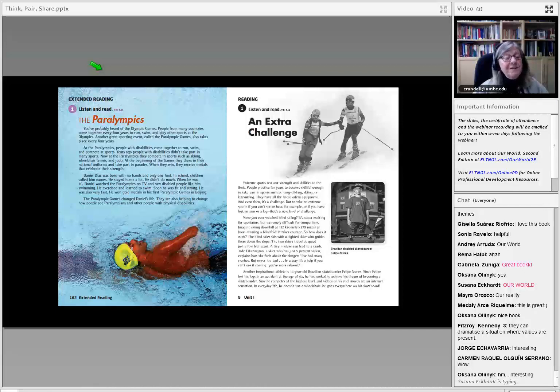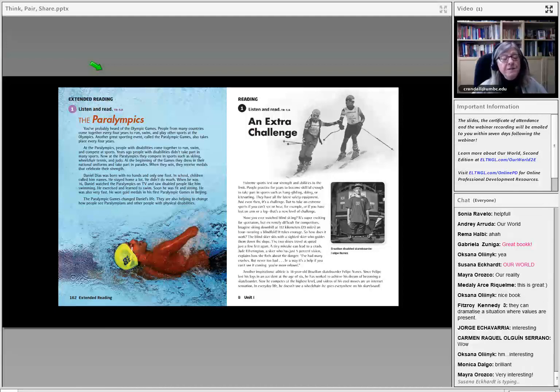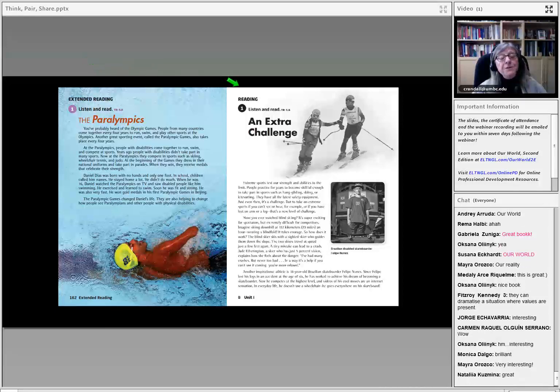And so you'll have a much greater sense. It almost makes me cry when I read about these people who are able to accomplish so much and then actually win medals and celebrate their strength in overcoming some of the disadvantages they had. This particular reading is actually about two people, one who is a blind skier who skis really large slopes.